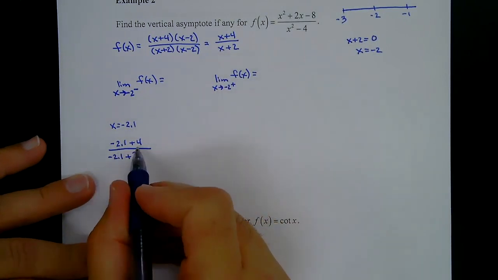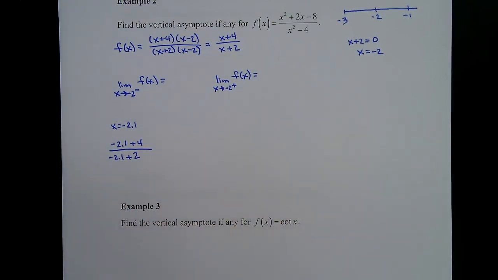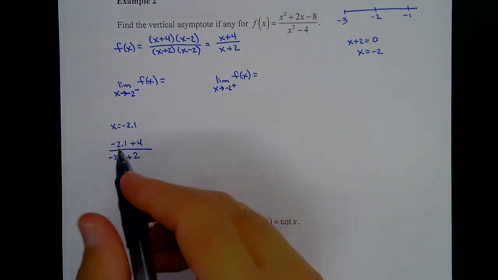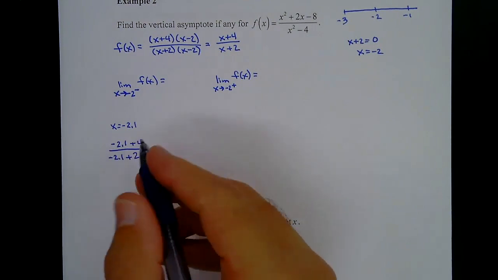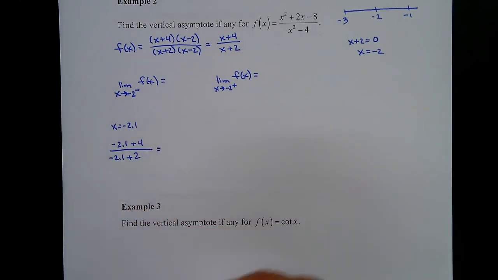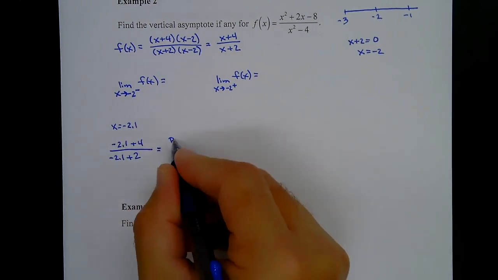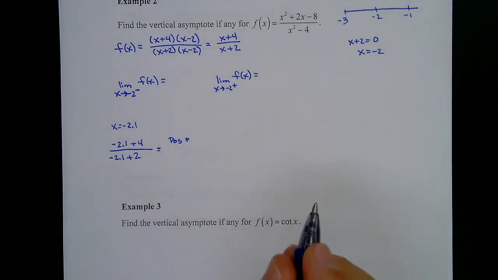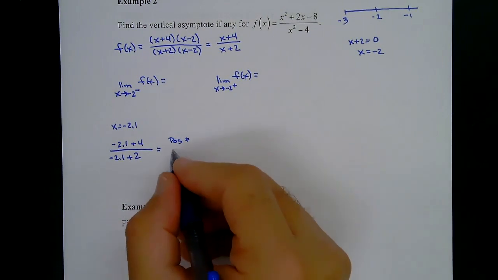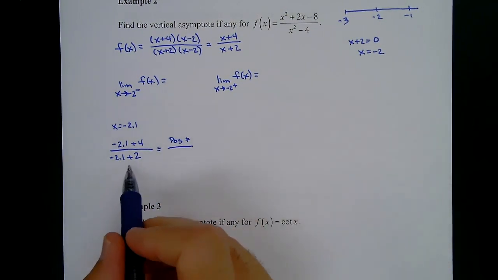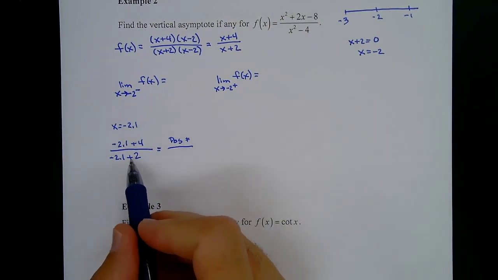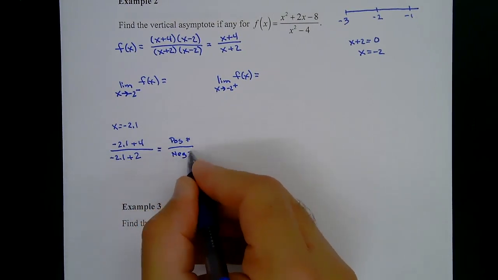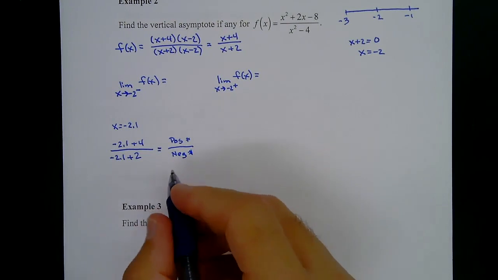I'm just putting it into this one. Okay, so when I do this, you don't have to actually do the calculation, okay? Is this number going to be positive or negative? It's going to be a positive number, and it's not close to 0. That's all you got to worry about, okay? This number right here, -2.1 plus 2, is going to wind up being a negative number, but it's also going to be close to 0.